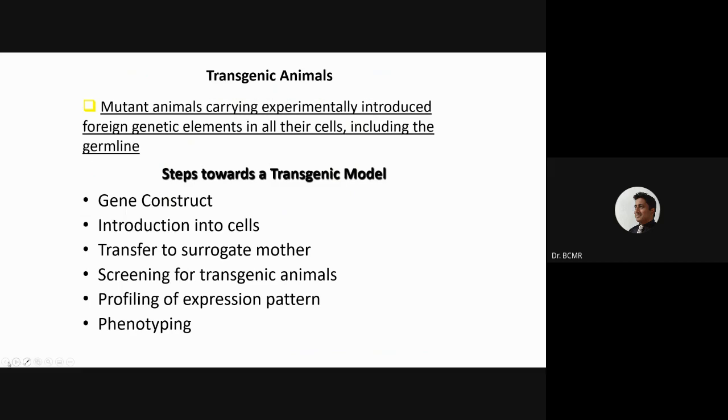That means you have introduced a foreign genetic element in the cells, including the germline. If there is a mouse, all the cells of the mouse should have this transgene. Then you call it a transgene. That means the somatoplasm as well as the germ plasm should have this gene. Only then is it inherited by the progeny.